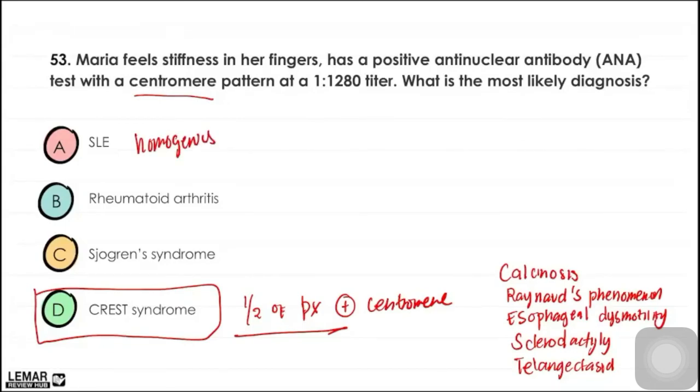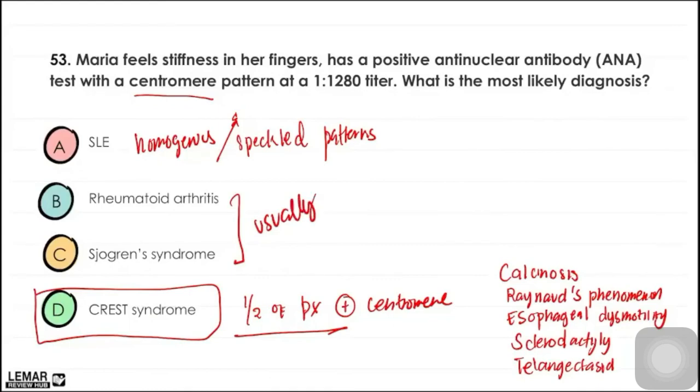If anti-Smith, this is highly correlated with the speckled pattern. So homogeneous or speckled pattern for SLE. For rheumatoid arthritis and Sjogren, both are usually a speckled pattern. And this one is the centromere, or discrete, pattern.